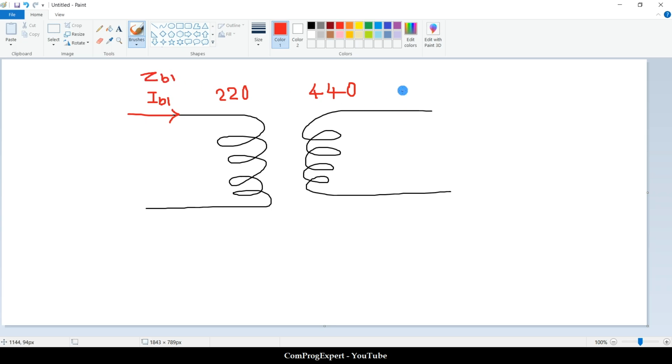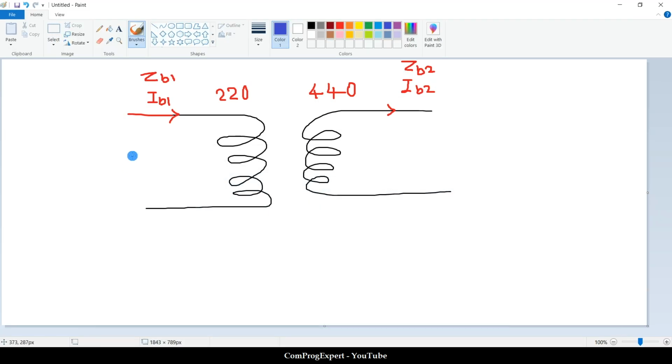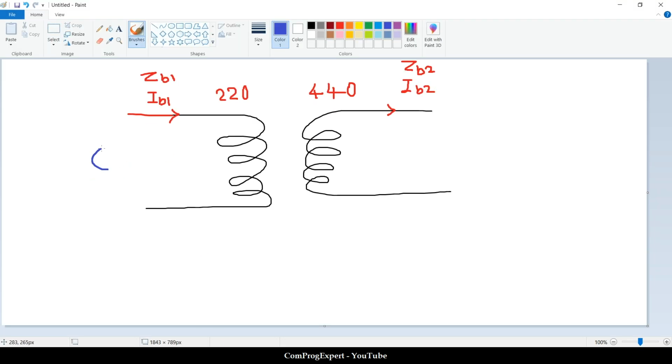here we have I base 2, Z base 2, and you know that in the open circuit test, we apply the voltage to the primary, this voltage, to calculate these two quantities, the equivalent core resistance and magnetizing inductance.